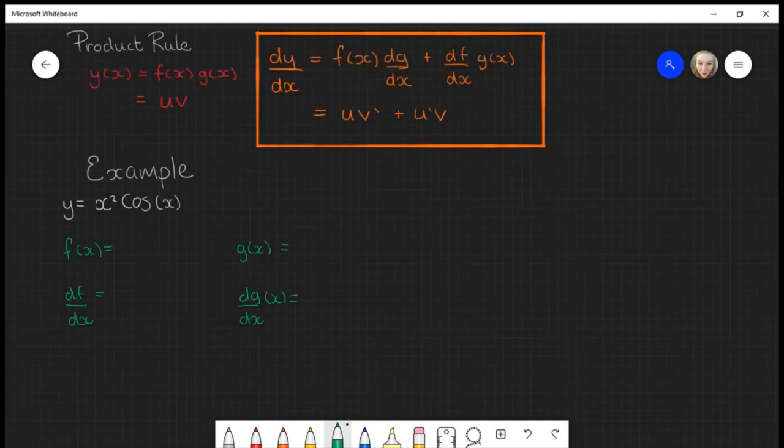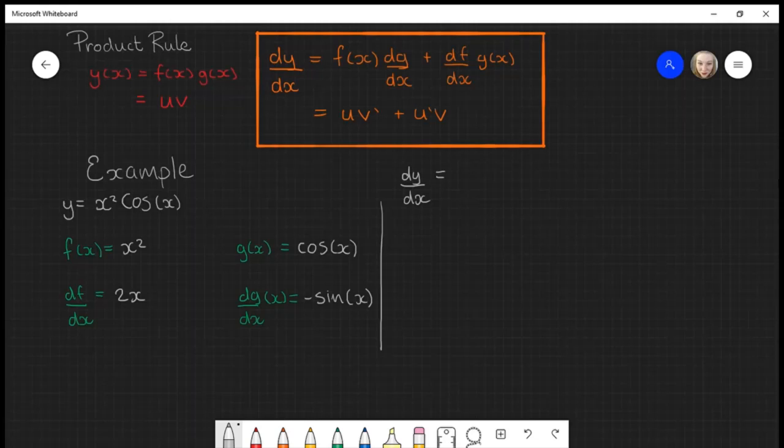So going back to this example, f(x) is given by x squared, therefore df by dx is 2x. g(x) is cos x, therefore dg by dx is minus sine x. Now that we've got this, we can figure out dy by dx, the differential.